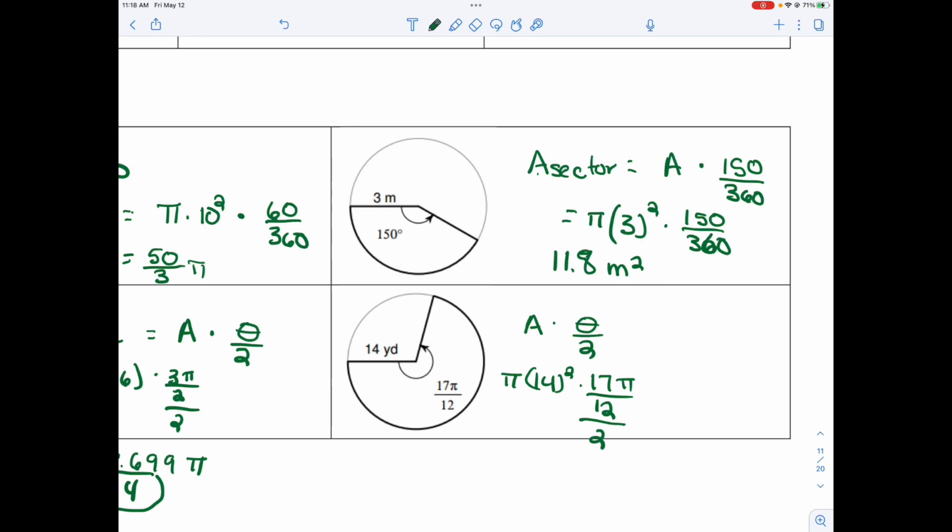Putting that in my handy dandy calculator, just the way I have it written: pi, 14 squared, times 17 pi divided by 12 divided by 2. Ooh, I got a big number. I got 1,370.23.